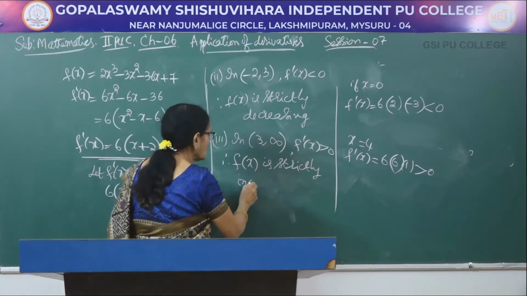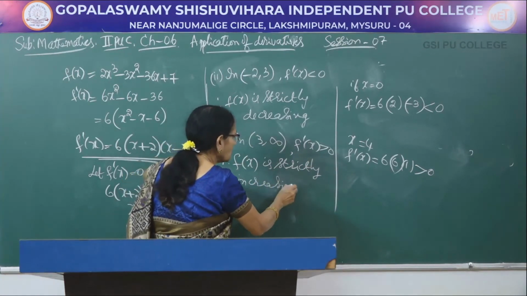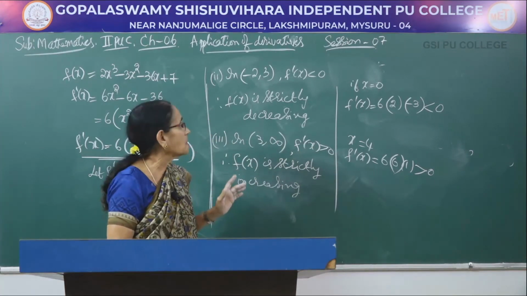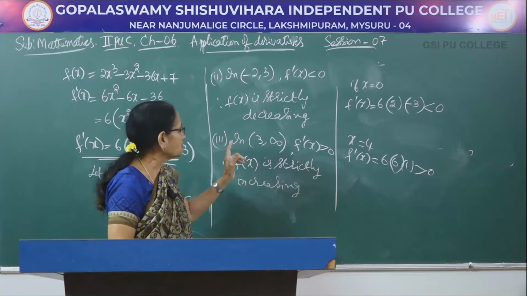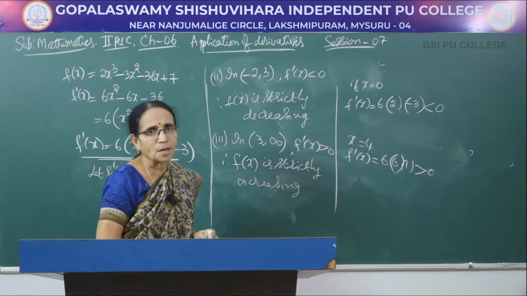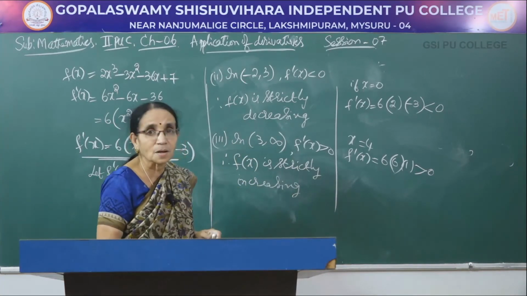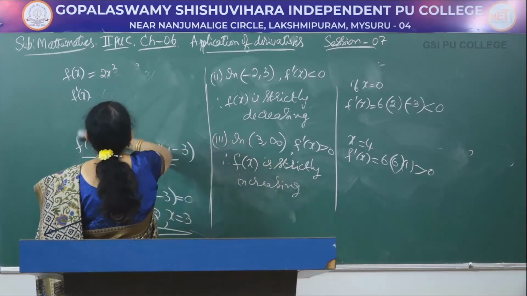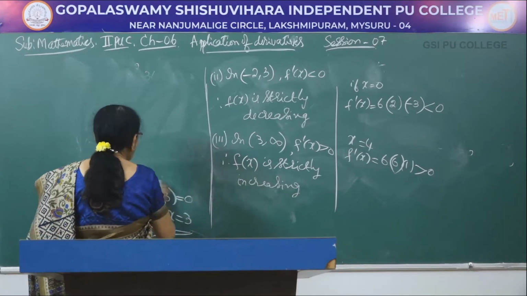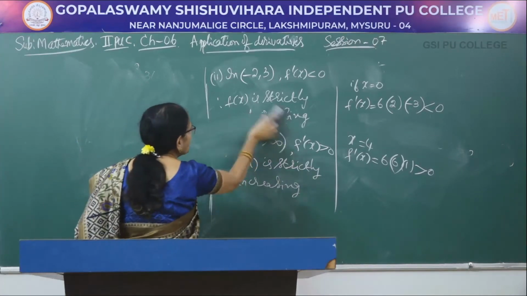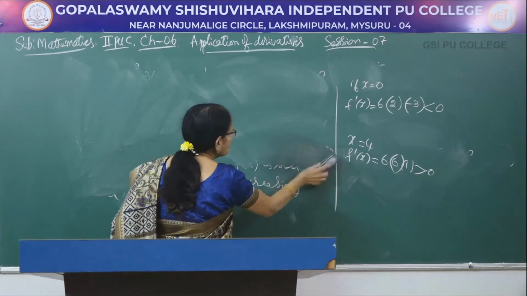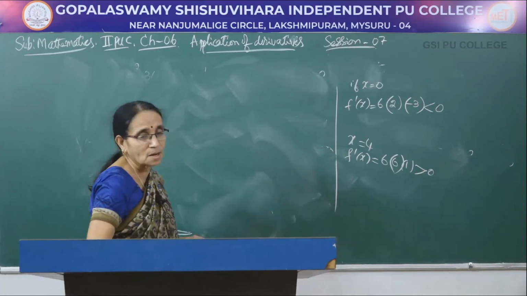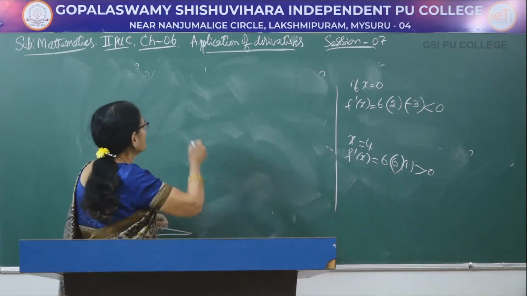See, we had 3 intervals here, isn't it? Minus infinity to minus 2, minus 2 to 3, and 3 to plus infinity. In the first and the third intervals, the function was strictly increasing. In the middle interval, the function was strictly decreasing. Therefore, you can combine the result and write the answer like this.